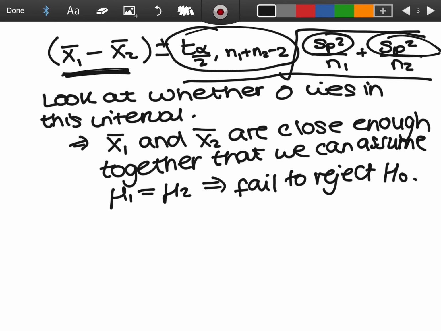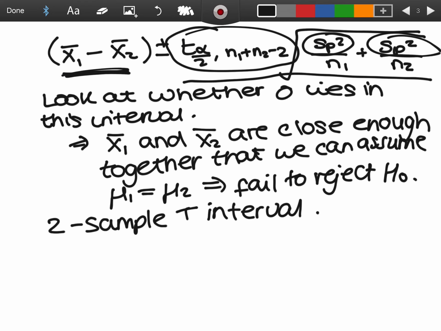Okay, but if you go ahead and figure out what this interval is, it's on a 2 sample t interval. Again, it only works for a 2-sided alternative. For a 2 sample t interval, if 0 is in there, you're going to fail to reject the null hypothesis. You could assume that those population means are equal. If 0 is outside of that interval, it means that the sample means are just too far apart, and therefore you cannot assume that the populations they come from have the same mean.